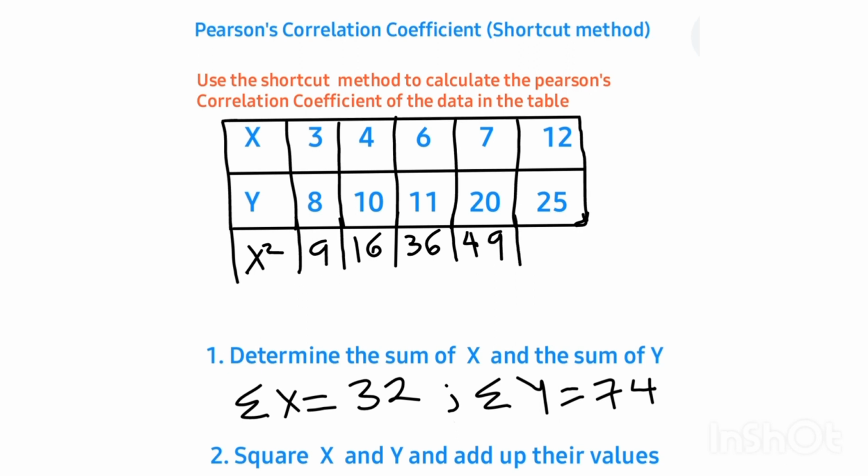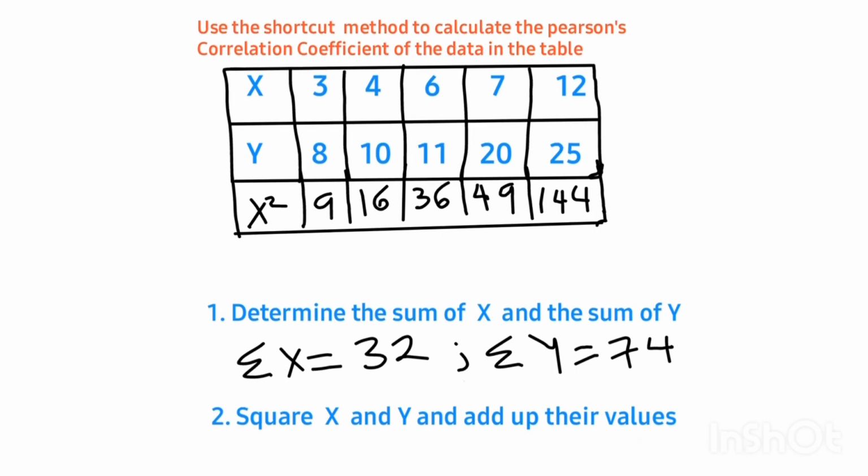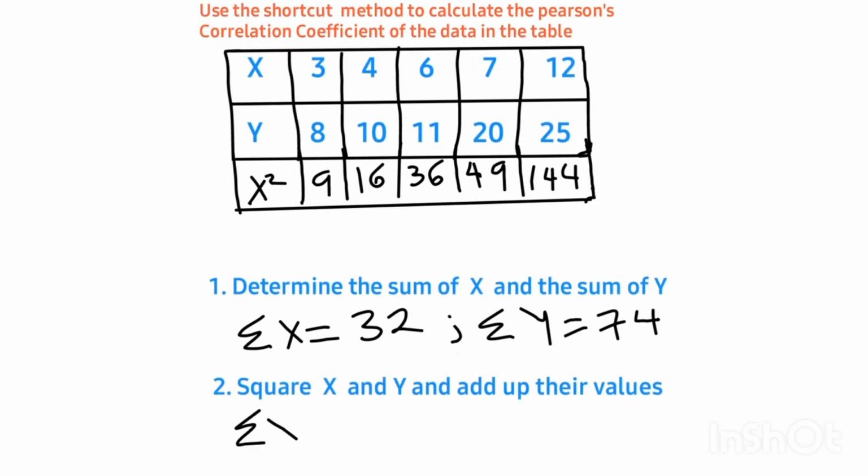And lastly, 12 square, we have 144. And remember, the instruction is to add up their values. And here we go. We have 9 plus 16 plus 36 plus 49 and lastly plus 144. That gives 254. Summation X square equal 254.